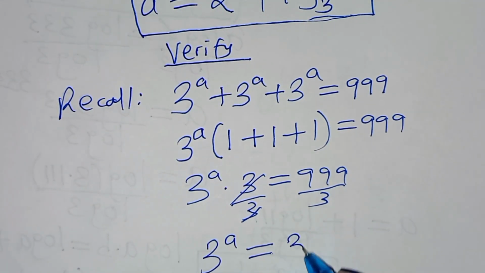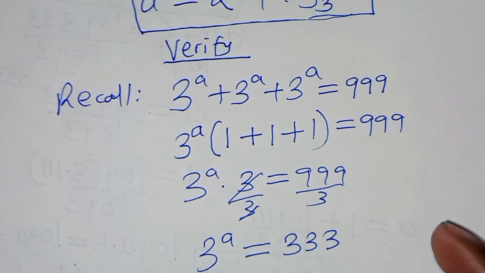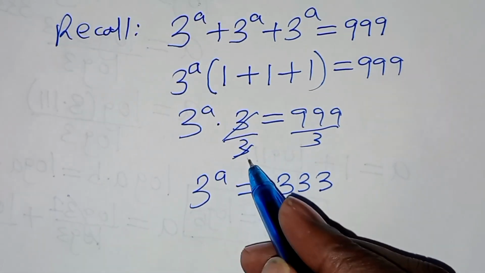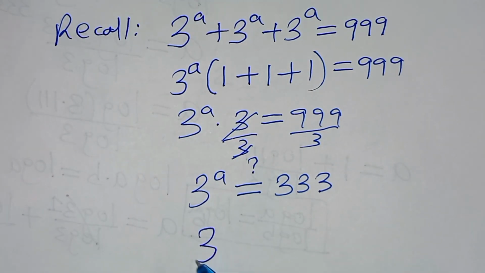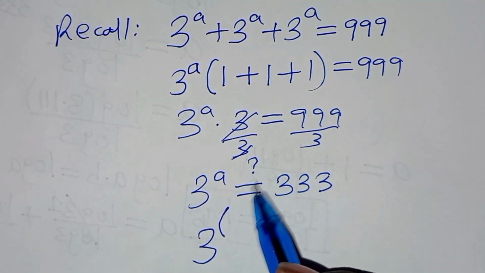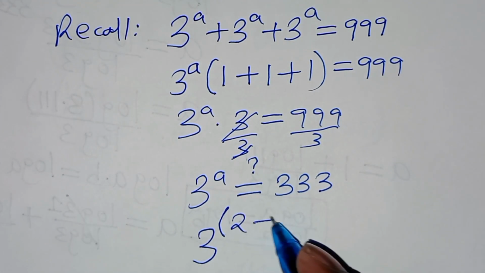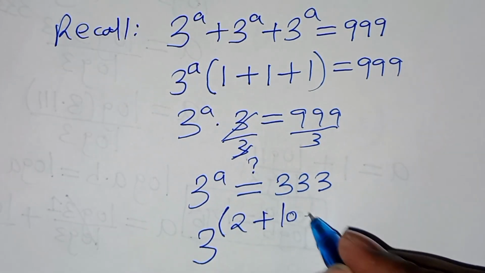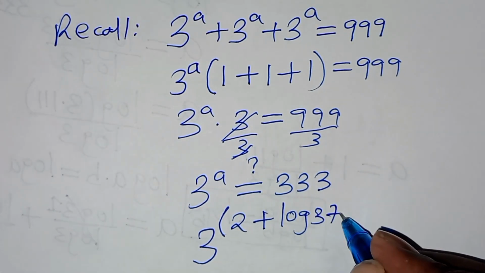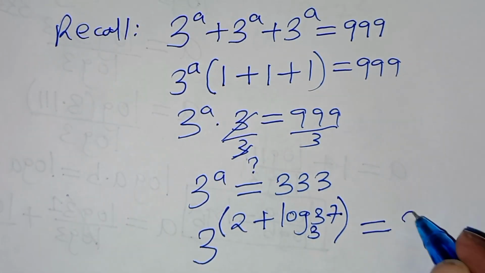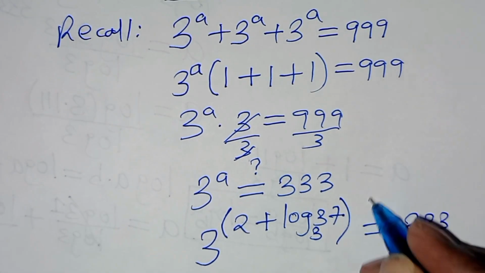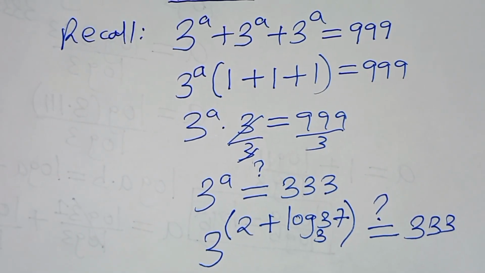So let's check if this is true. Let's substitute the value of a here. So you'll have 3 to power a, where a is equal to 2 plus log 37 to base 3. So this should give us a value of 333.